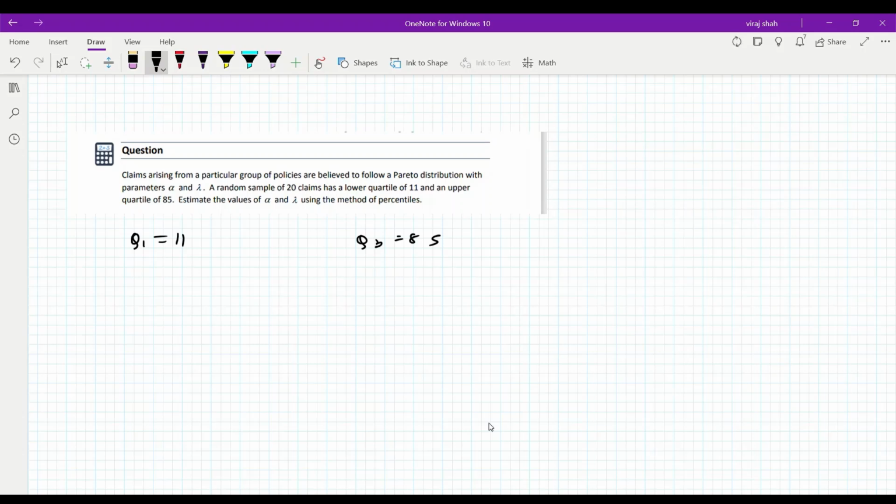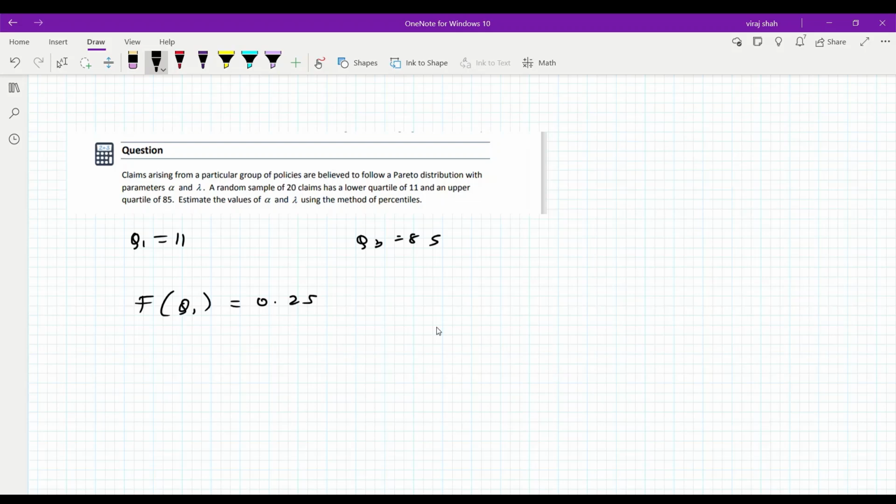So what was the percentile method? F of q1 is equal to the lower quartile percentile. Let me solve it for you. F of q1 is 0.25.